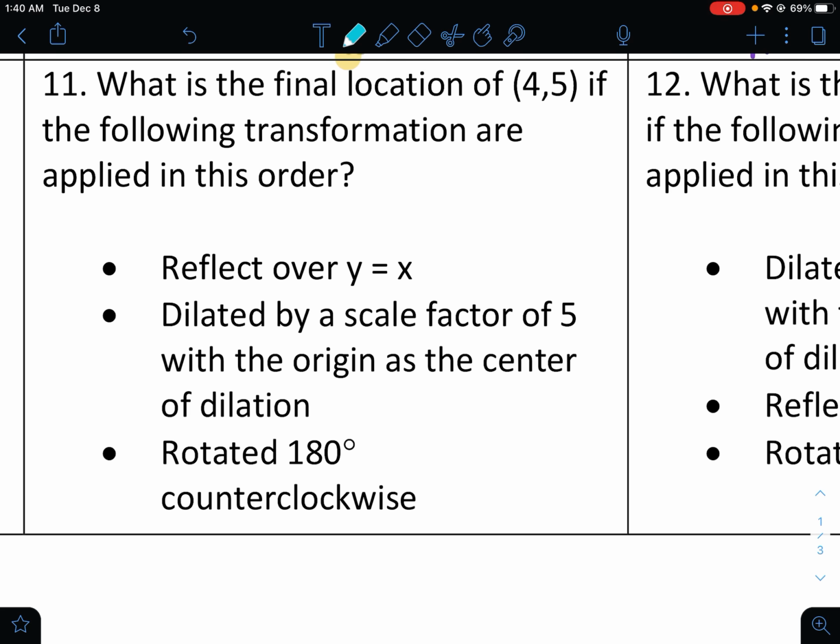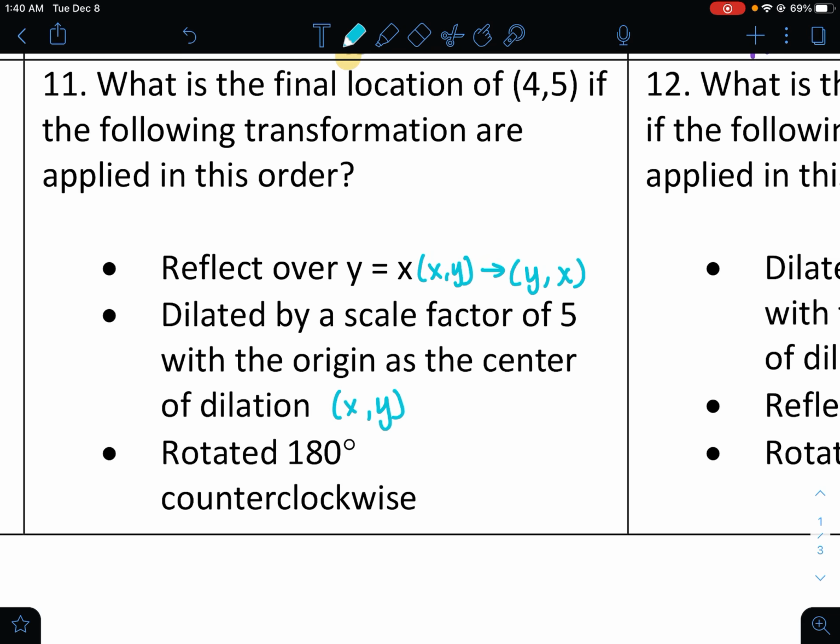All right, number 11. What is the final location of (4, 5) if the following transformations are applied in this order? Reflect over y equals x. So here's the rule for that. And don't forget, use your notes if you cannot remember the rules, which most people can't. The second rule is dilated by a scale factor of 5.